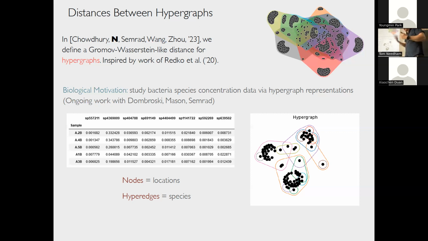And the question is, can you say something about combinations of environmental factors that certain species prefer? So the plan, this is super ongoing work in the early stages, is to take this data, threshold it to get a binary representation, and then turn that into a hypergraph. Here, each node is a location and each species is a hyperedge on some thresholded version of this.